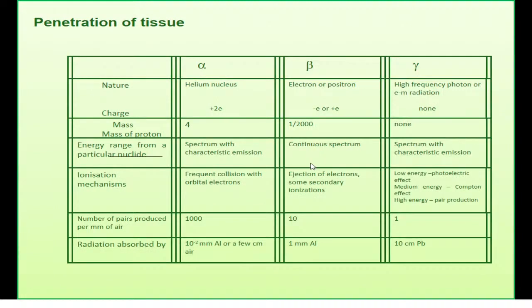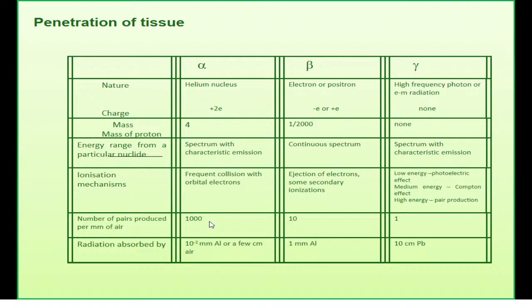To describe in more detail the penetration of the tissue by these kinds of nuclear decay radiations, the number of pairs of ions produced per millimeter of air is taken. You can see how many pairs of ions are produced by the alpha particle.